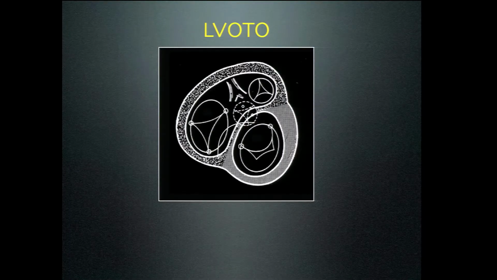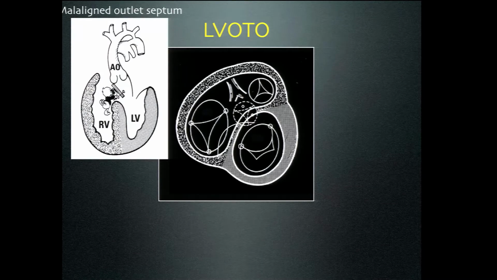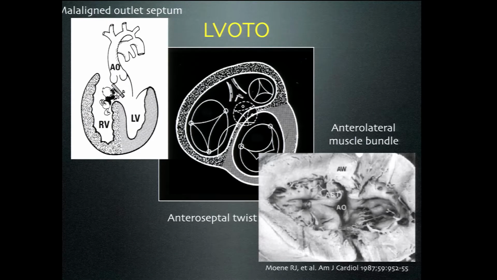Looking at the left ventricular outflow tract in this base-of-the-ventricles diagram, there are a couple of mechanisms. One is this malaligned outlet septum. The other is the so-called anterolateral muscle bundle of Moulaert, and the other is the so-called anteroseptal twist as an additional factor making the left ventricular outflow tract obstruction. The malaligned outlet septum is here.